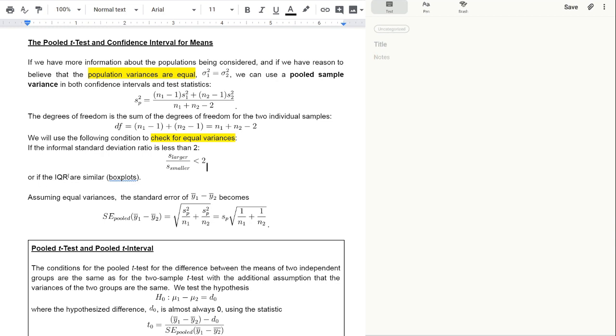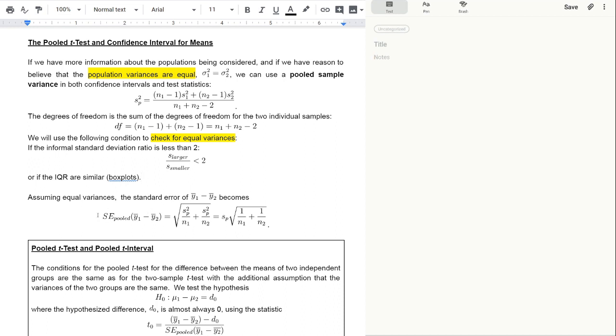So now, alternatively, if we have box plots for both groups, then we can look at the interquartile ranges, and if they are similar enough, then we can also use the pooled t-test or the pooled t-interval. So if we have equal variances, then we can get a better estimate of the standard error.